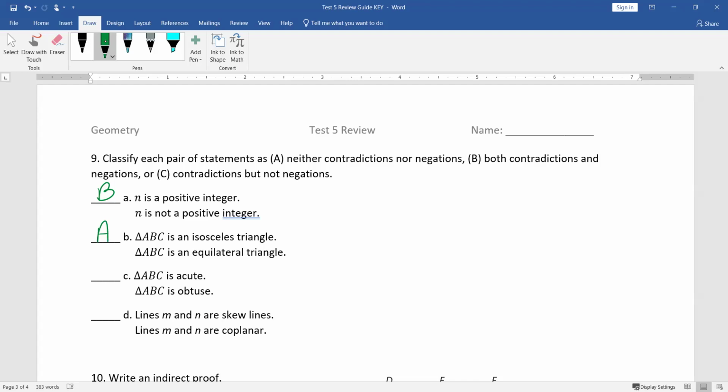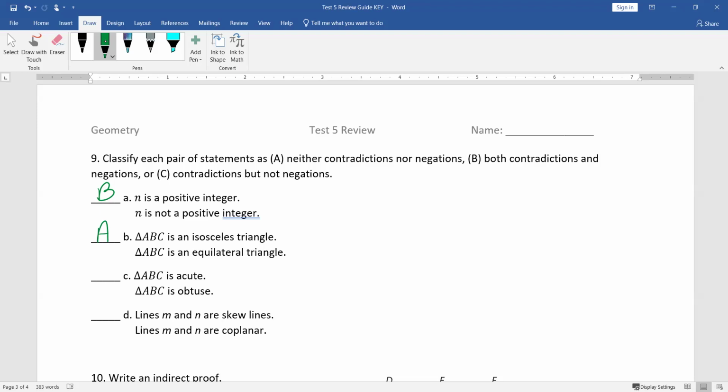All right. Triangle ABC is acute. Triangle ABC is obtuse. Do they contradict? Do they negate? No. Why does a triangle being obtuse not entirely negate the fact that it's acute? What's the other kind of triangle we can have?